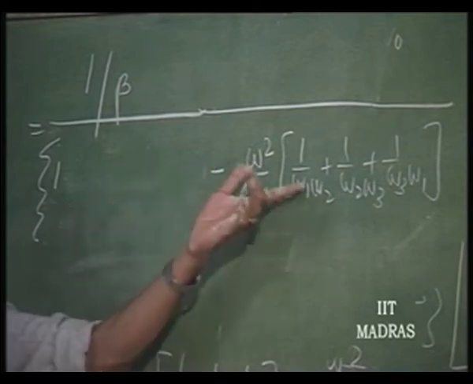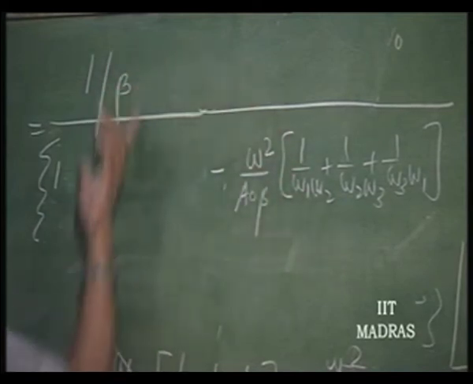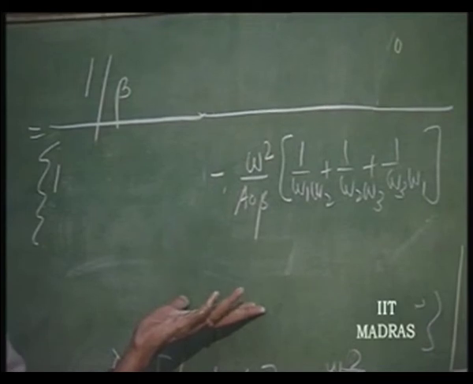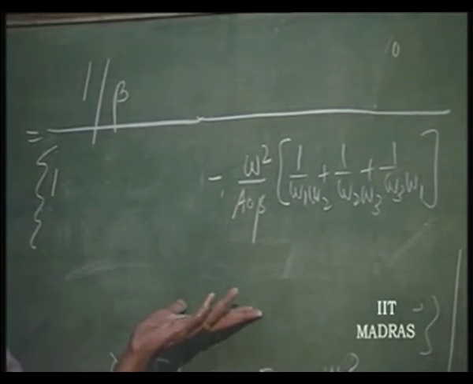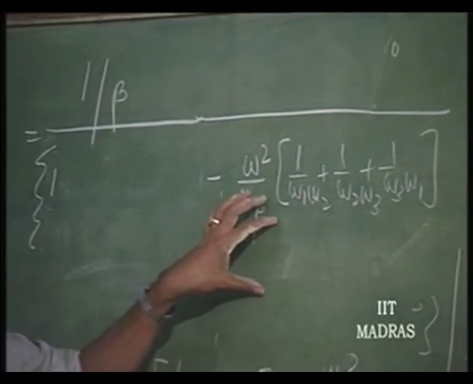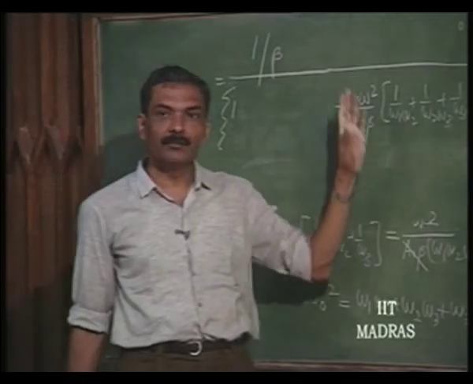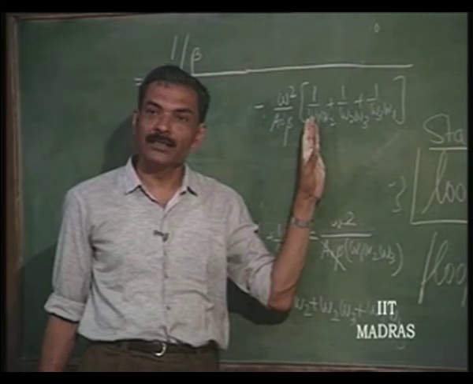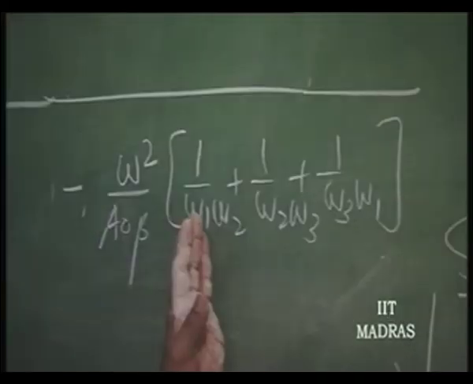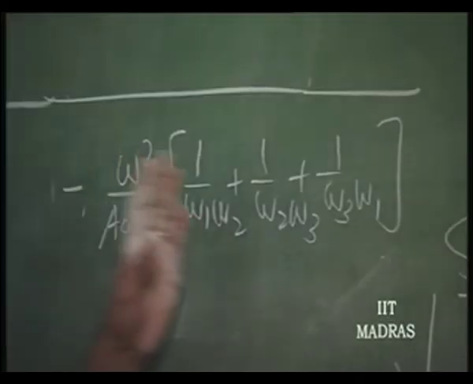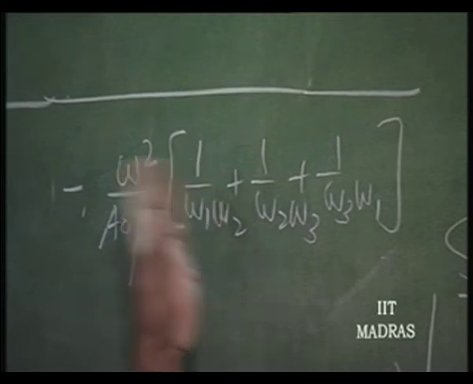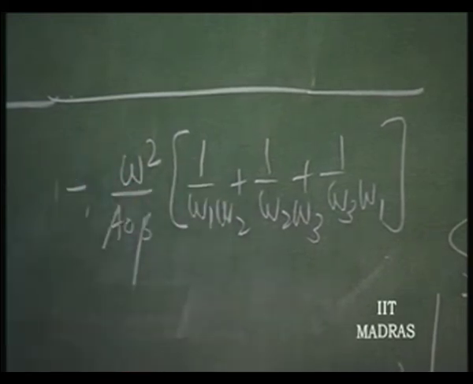Beyond that frequency, what happens is that this will become negative and it will be positive feedback region. So, you must have A naught beta sufficiently low such that this particular thing still remains positive. This 1 minus thing still remains positive. If it becomes equal to 1, there is a danger.